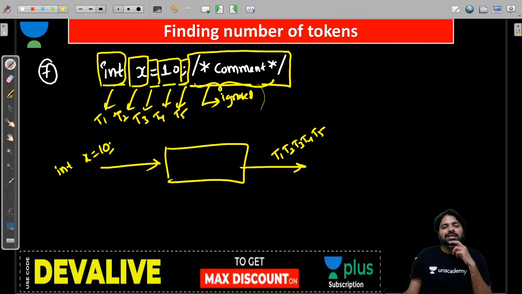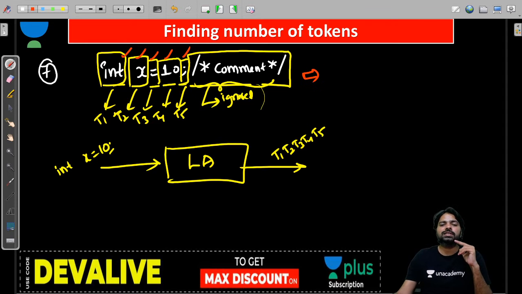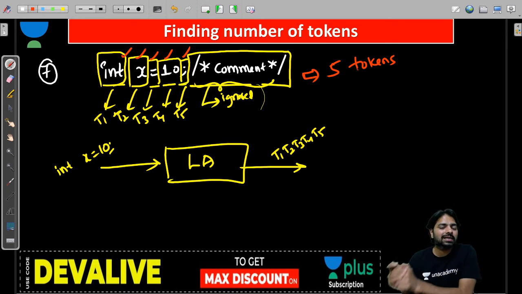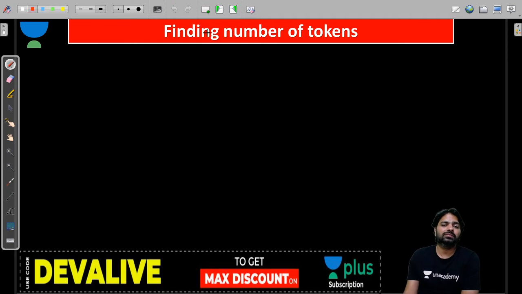Comment is ignored by the lexical analyzer. All right, how many tokens will this be? 1, 2, 3, 4, 5. Just 5 tokens. Comment is not considered a token. Even space is detected by the lexical analyzer, but it will be ignored.